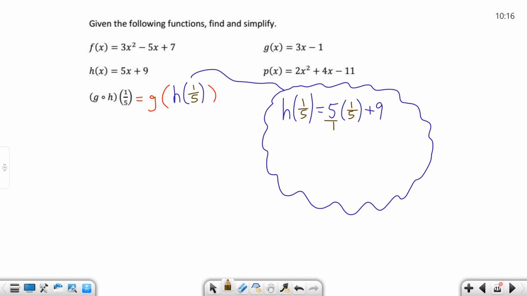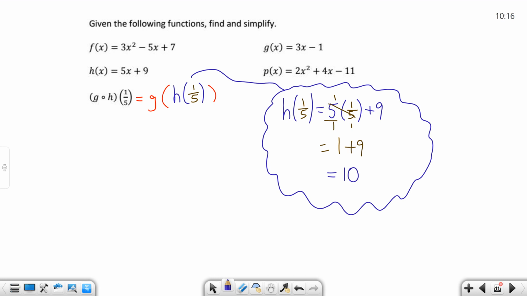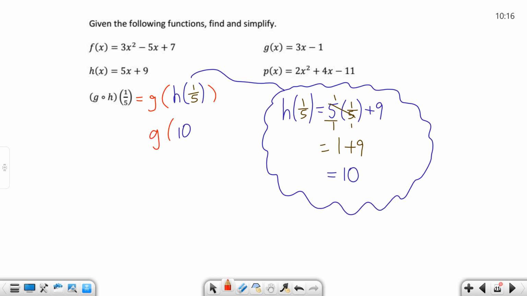And that's nice because this is over 1, and those divide out and become 1s. So that entire first term becomes 1 plus 9, which is 10, right? That value becomes 10. So this becomes a 10 here, and we want G of 10. And the rule for G is this one, 3 times something minus 1.